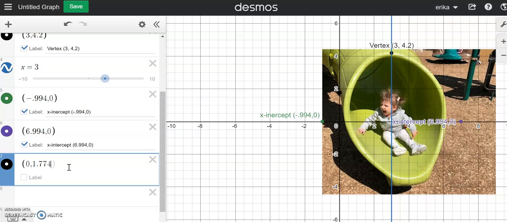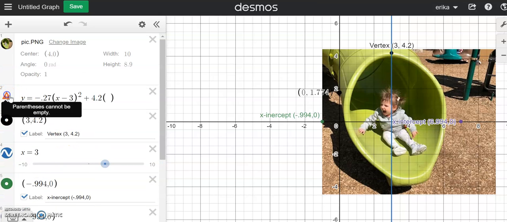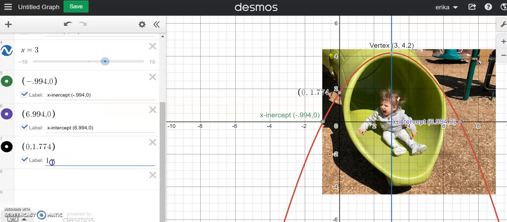Okay. I can't have parentheses here. Y-intercept 0, 1.774. And that's it. And that's basically everything you need labeled on the graph.